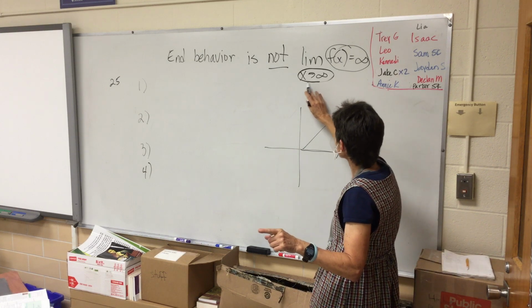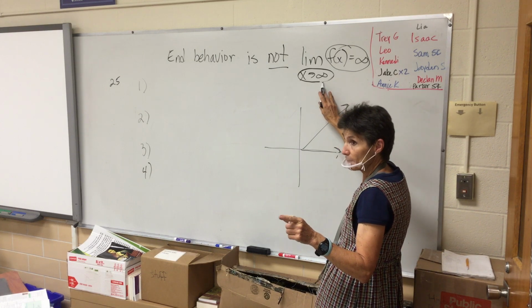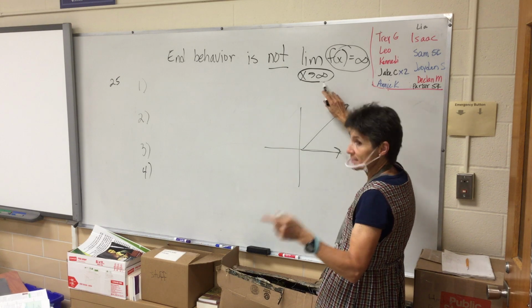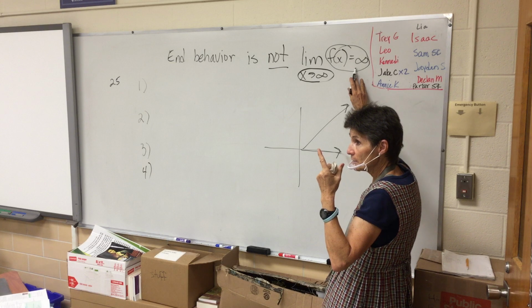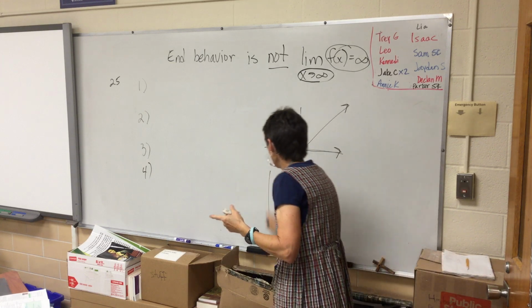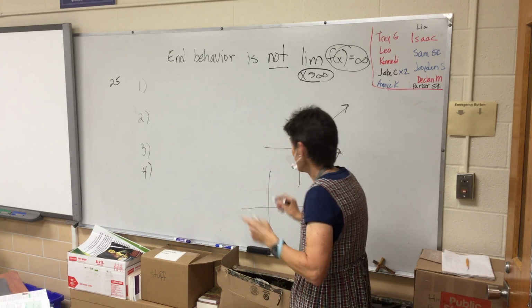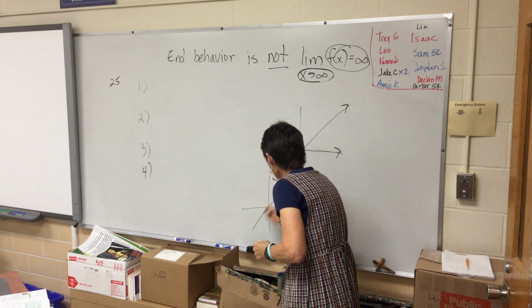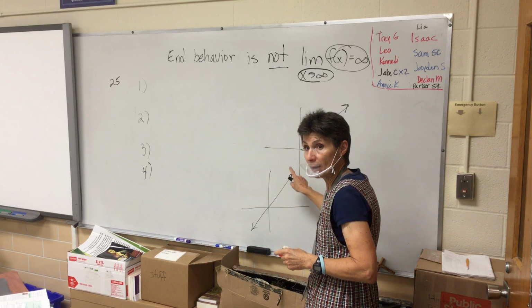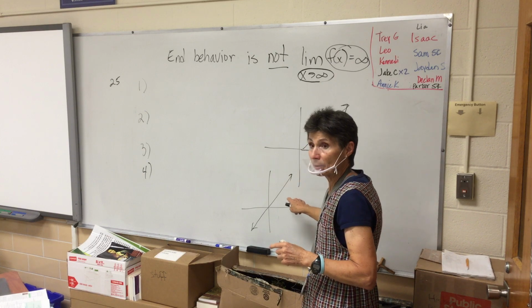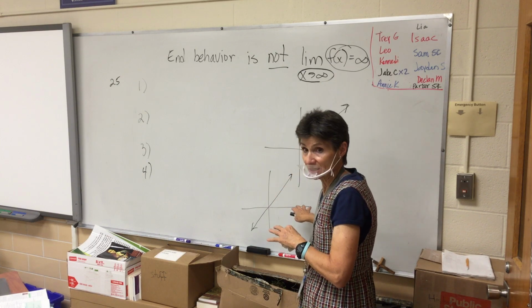Remember, f of x is y. So this says x is going right, positive, and y is also going positive. So I'll just draw one. The linear function, isn't that the behavior you see right here? As you go right, you go up. So that would be an example of one that does this.